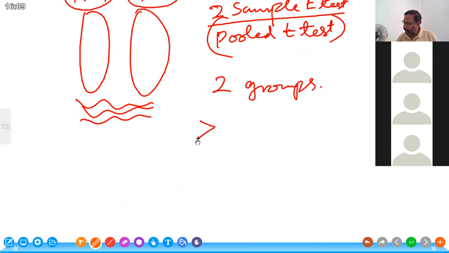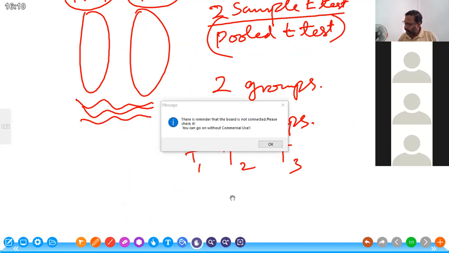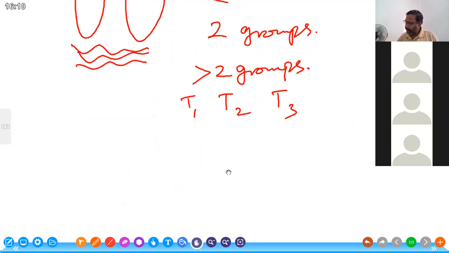Suppose you have more than two groups, T1, T2, T3. If it is two groups, of course, we can go for the pooled t-test. If it is more than two groups, what to do?